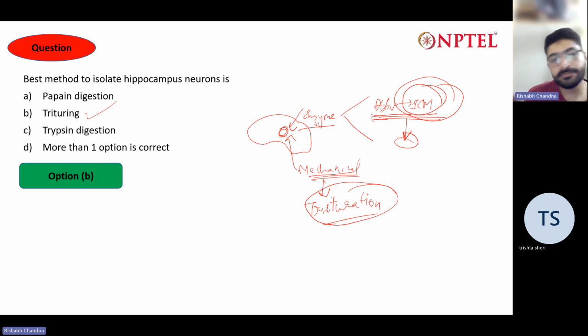But yes, papain digestion is also used in many labs for isolating hippocampus neurons, and trypsin digestion is generally not used for hippocampus neurons. It is generally used for isolating neurons from the cortex region of the brain. So the correct answer in our case is triturating. Let's move on to the next question.